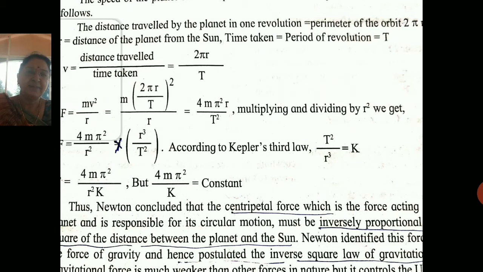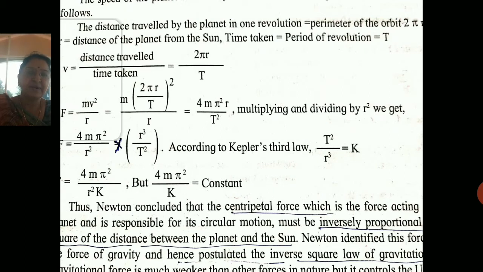Now according to Kepler's third law, T square upon r cube is equal to k, it is constant, and so r cube upon T square is equal to 1 upon k by taking reciprocals on both sides. And then the new form of the equation of centripetal force is F is equal to 4m pi square upon r square into k. But in this equation 4 is constant, m is constant, pi is constant, and k is constant.